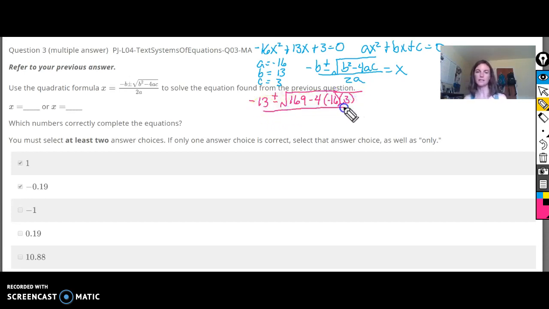And then that's all going to be over 2 times negative 16. I'm going to simplify this a bit. I get negative 13 plus or minus the square root.